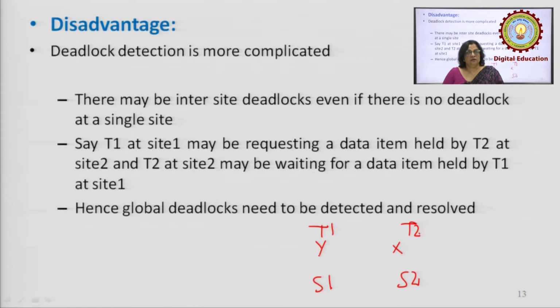So, in this case, even though X and Y are at different sites, and T1 and T2 are initiated at different sites, a deadlock exists because T1 is waiting for the data item at site S2 and T2 is waiting for the data item at site S1.